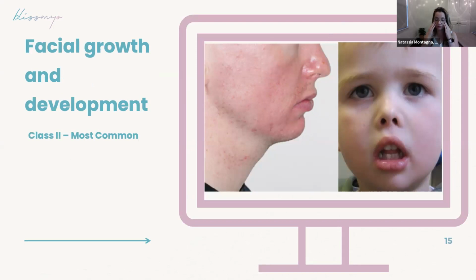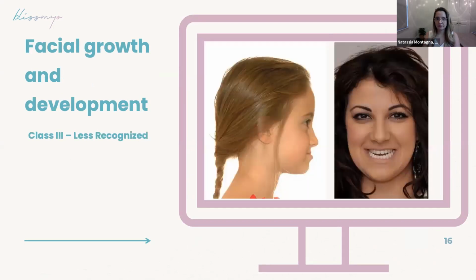They have little droopy eyes. They'll have sleep issues. This is another myofunctional disorder patient, which is less recognized as a myofunctional disorder, but it definitely is caused by a low tongue posture, which is the class 3 malocclusion, where the lower jaw is actually more forward than the upper jaw.